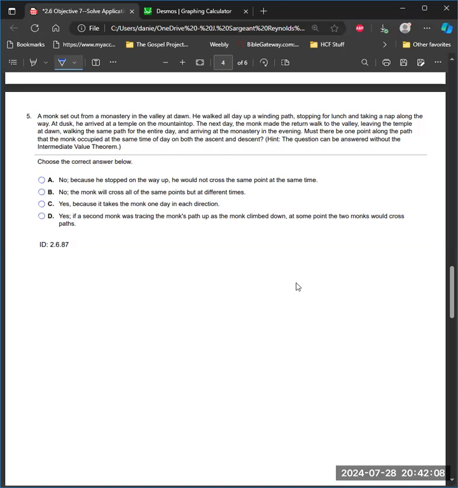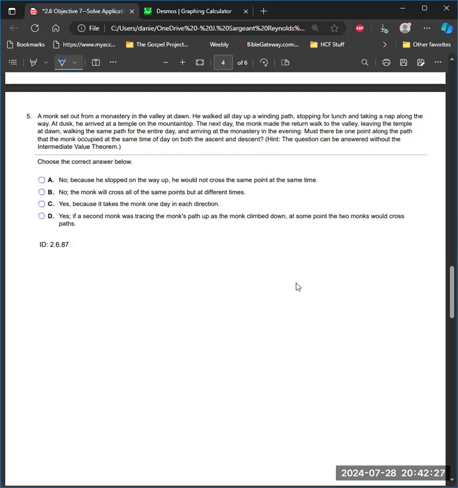Must there be one point along the path that the monk occupied at the same time of day on both the ascent and descent? And the question can be answered without the intermediate value theorem is your hint.